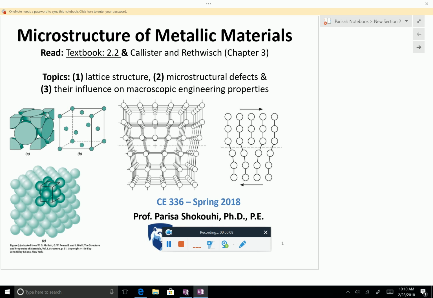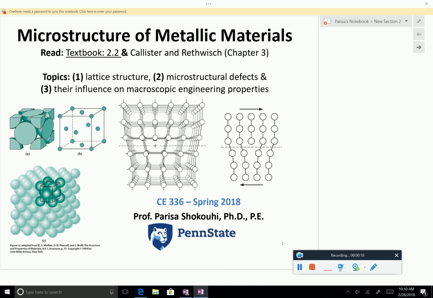So last time, in the previous packet, we learned about interatomic force and energy. We did a quiz. Now we want to see how the atoms are arranged inside the material. What we are going towards is to understand steel.